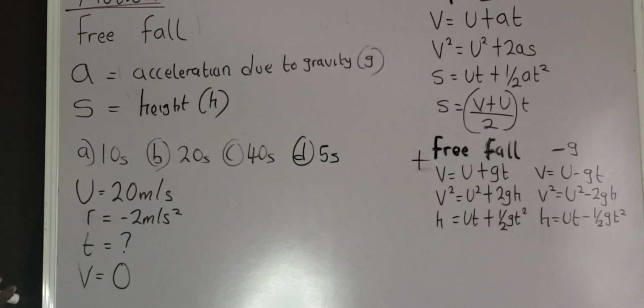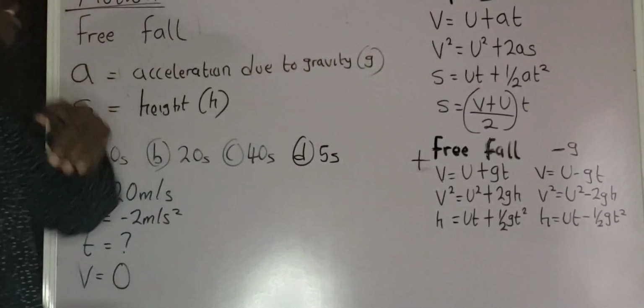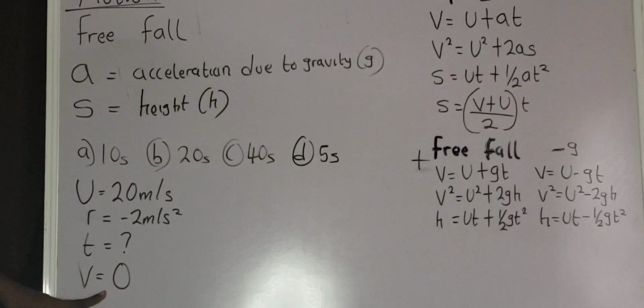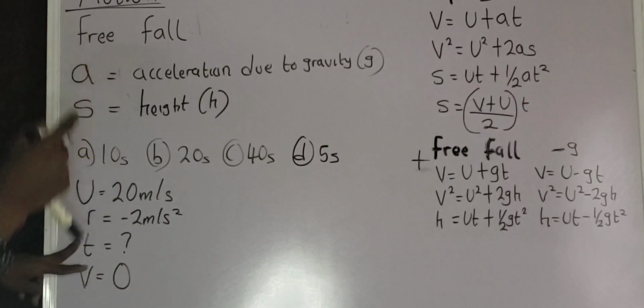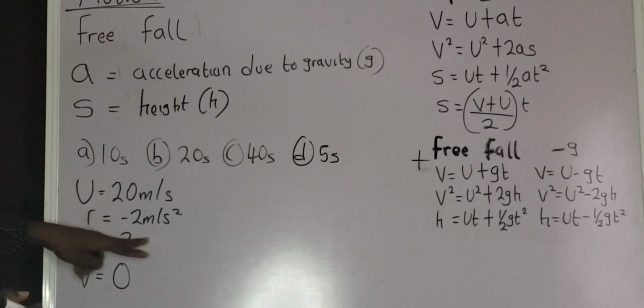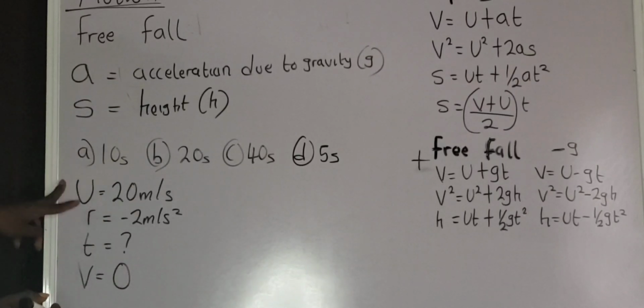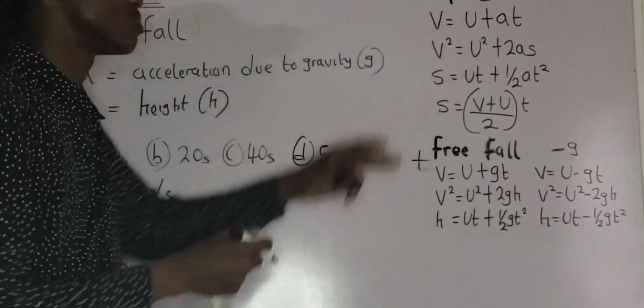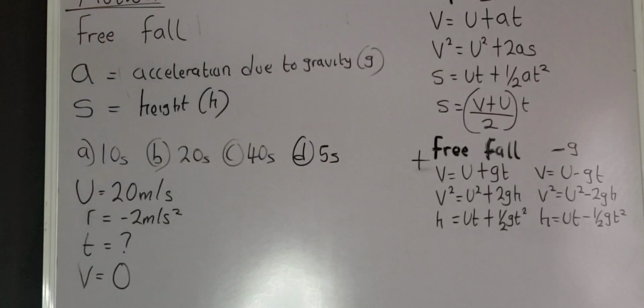So let's look. We are going to make use of the first equation. How do I know? Because I know the value of v, and I'm looking for t. T is also there. I know the value of a, which is R, the negative acceleration. I know the value of u, and u is also there. So I'm going to make use of the first equation of uniformly accelerated motion.